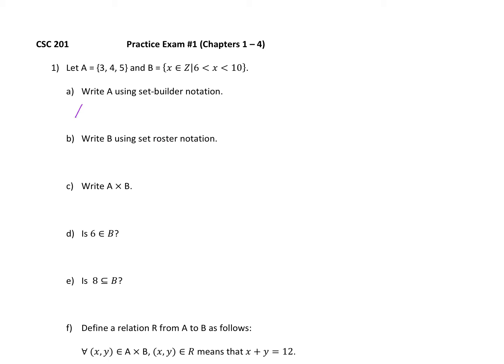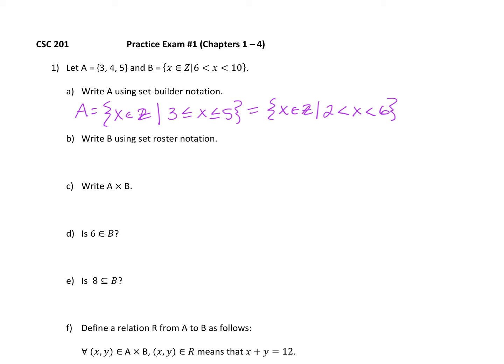Okay, so set A, we could say that is the set of all x's in Z, so the set of all integers, such that 3 is less than or equal to x is less than or equal to 5. So that's one way, right? Or we could say the set of all x's in Z such that 2 is strictly less than x is strictly less than 6.